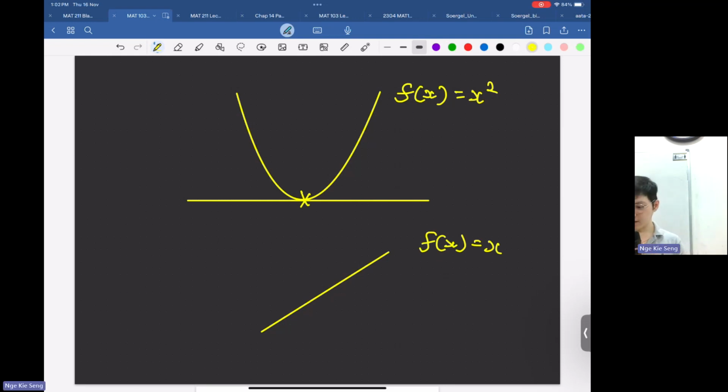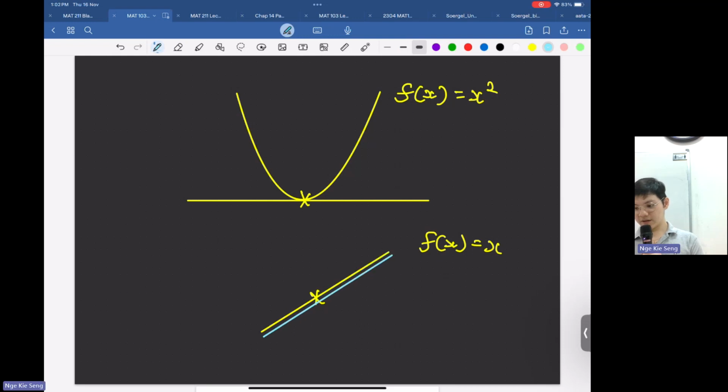What's the tangent line at this particular point here? Just exactly the same line. Okay, you have the same line here. So the slope you take here is constant, for example.